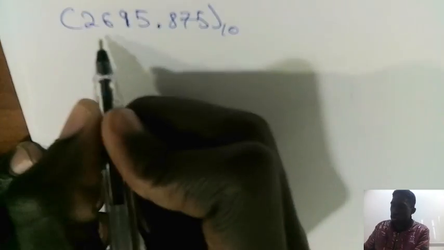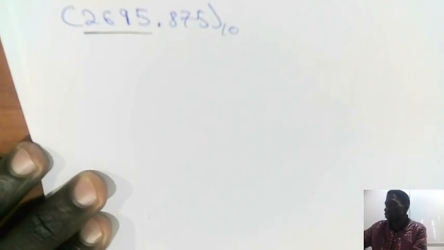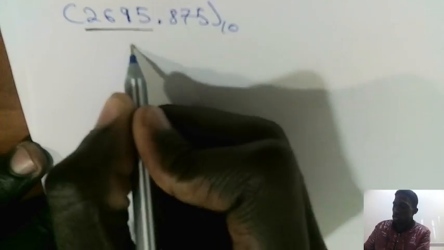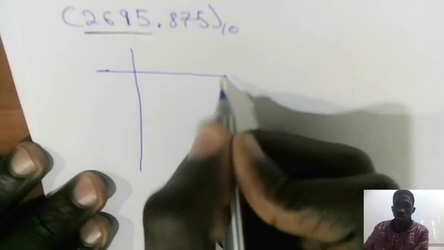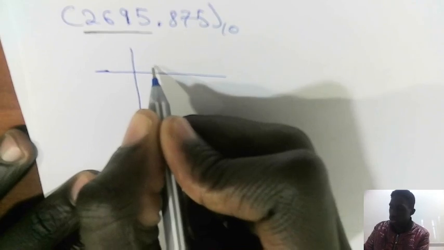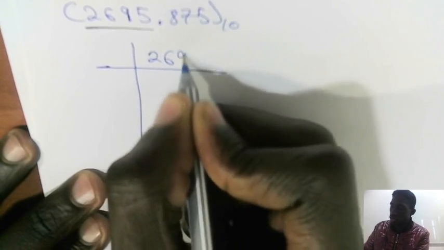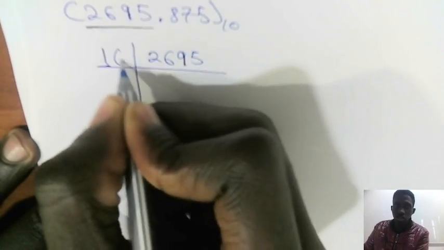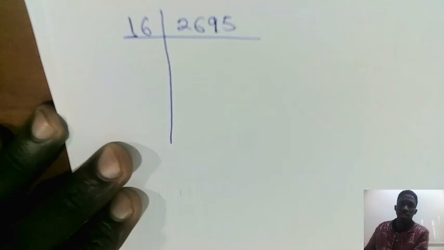So we pick the whole number part first and handle it. So we draw this cross. So 2,695. We're dividing by 16 since the target base is 16.